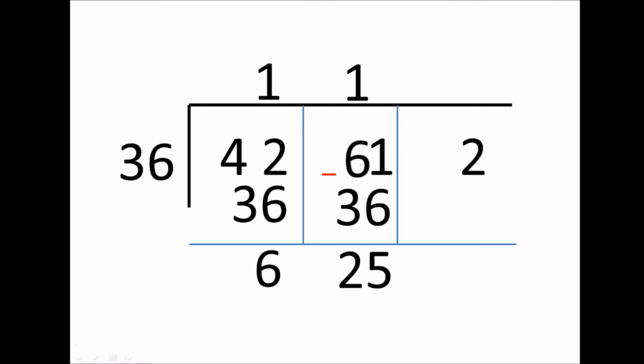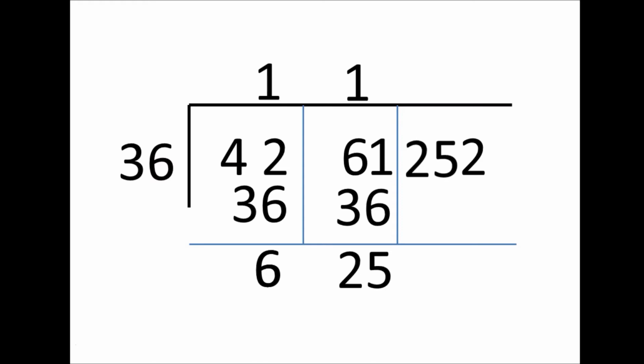Okay, so now let's take the 25 and again give it to the ones place, and we're trying to figure out what is 36 times this base right here that will give us either exactly 252 or less. So 36 times 3 gives us 108.